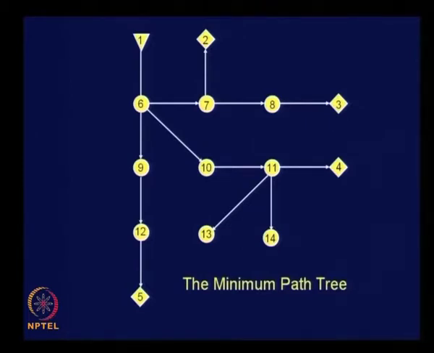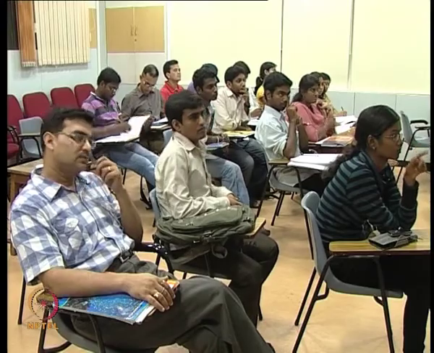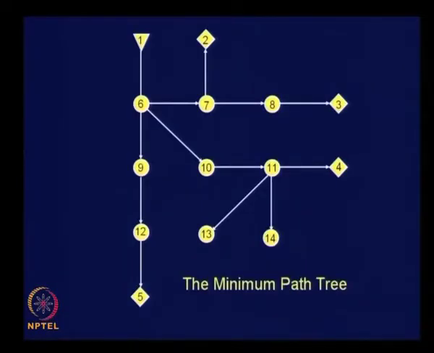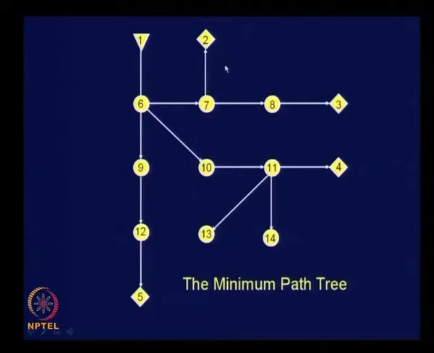How many links are involved here? Thirteen links are involved, and the original network has how many links, including the dummy links? Because dummy links are also shown here as minimum paths, even though they are not distinctly shown in dotted line. All the dummy links are included except one. We had 13 plus 6, 19 links in the original network.